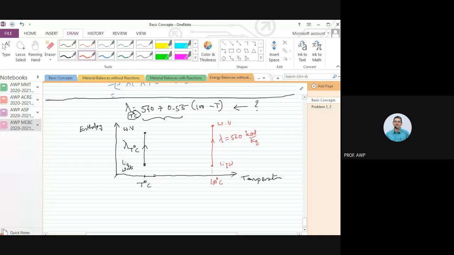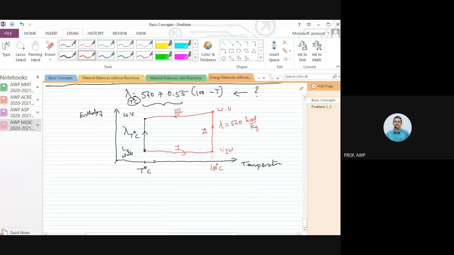So if you want to traverse this black path, because enthalpy is a state function, instead of this black path we can take this red path: we convert liquid water from T degrees centigrade to 100 degrees centigrade, then we vaporize water at 100 degrees centigrade, and then we cool water vapor from 100 degrees centigrade to T degrees centigrade. So the change of enthalpy in the black path, that is nothing but lambda at T degrees centigrade, would be the same as if we had traversed the path in step 1, step 2, and step 3.